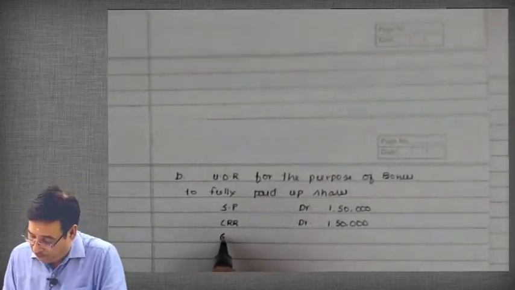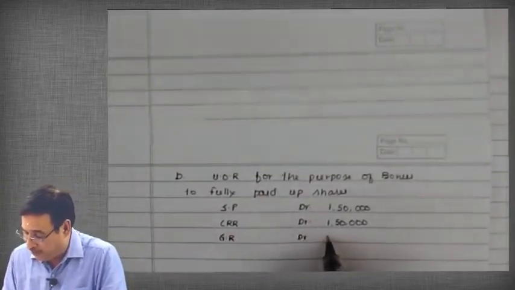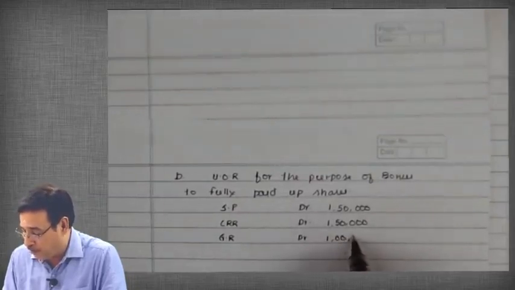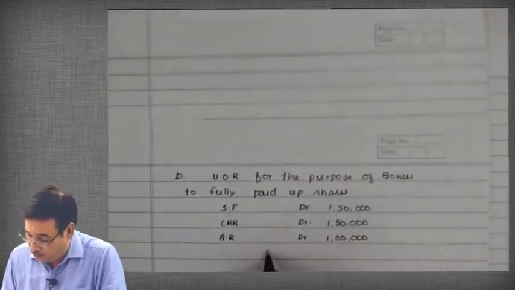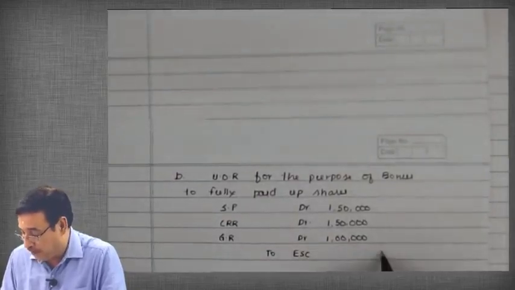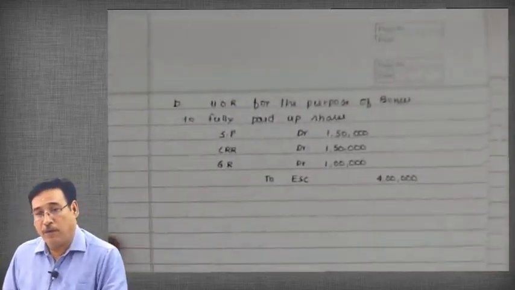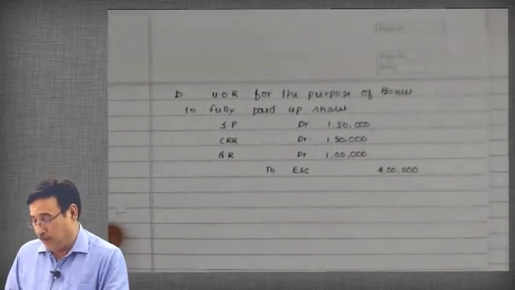Now we will use general reserve. There is still a balance of rupees 1 lakh in the general reserve, isn't it? To equity share capital account, or simply share capital account, that is equal to 4 lakh. This is the entry which you are going to pass for bonus to fully paid up shares.